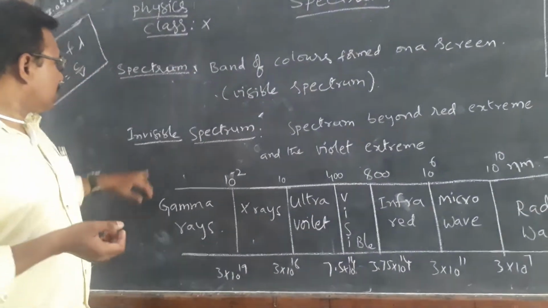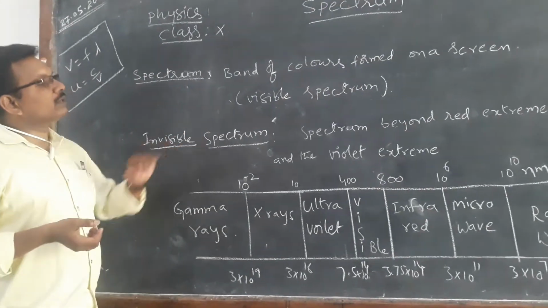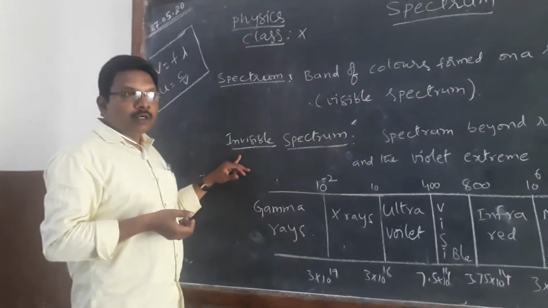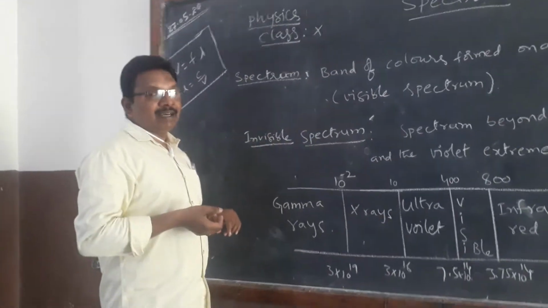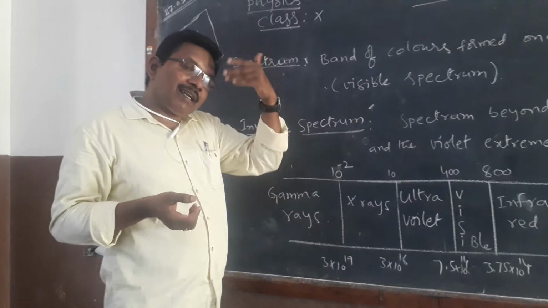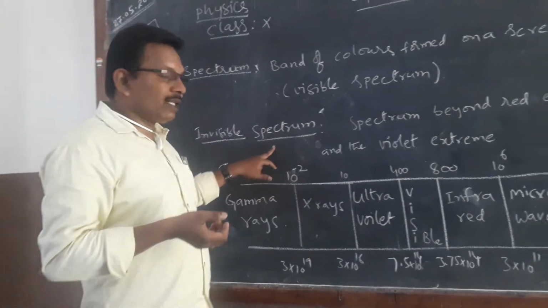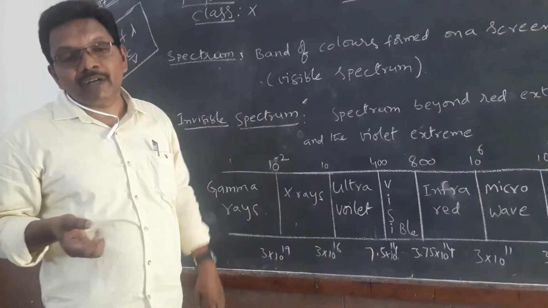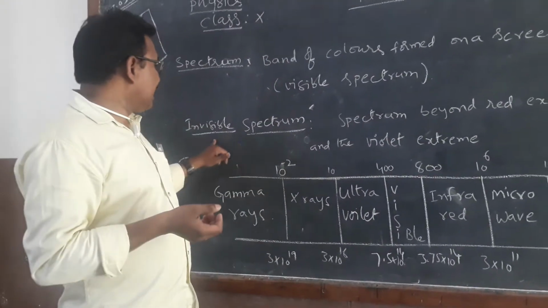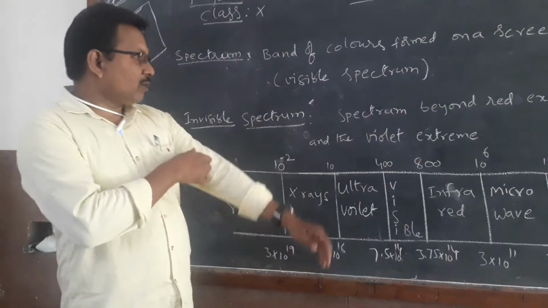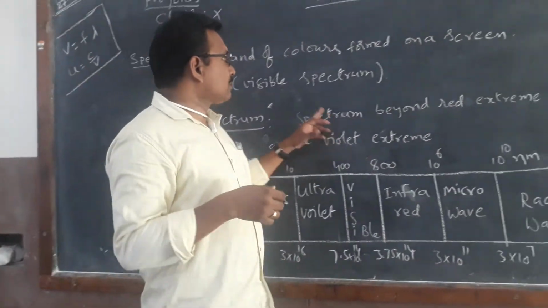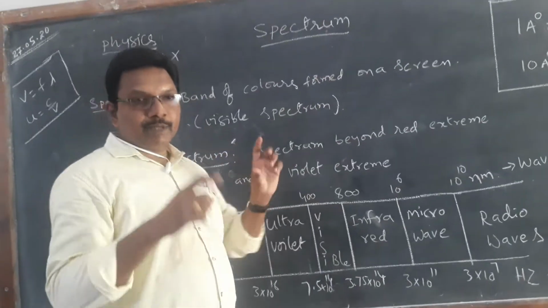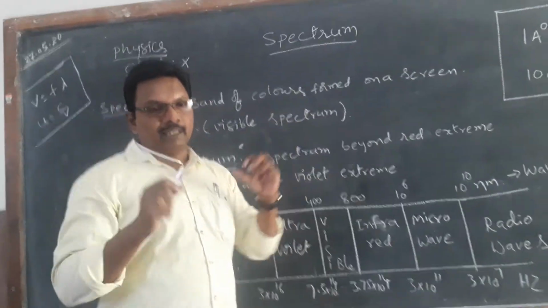Now next one, invisible spectrum. In the spectrum, we can see some part. Other than that part, there is another region also, that we cannot see with our eyes. That is called invisible spectrum. For example, when you see the spectrum, the visible spectrum is between violet and red color.